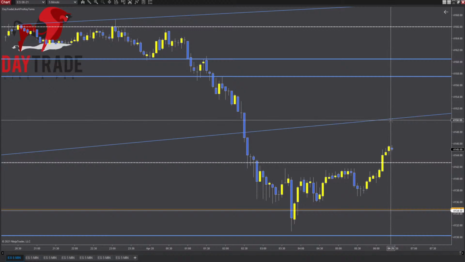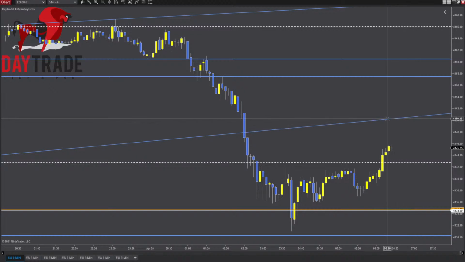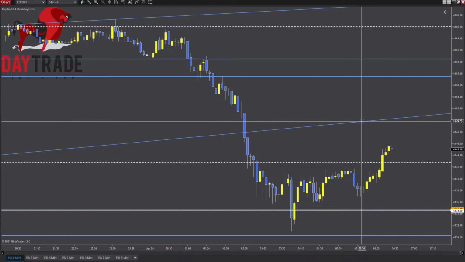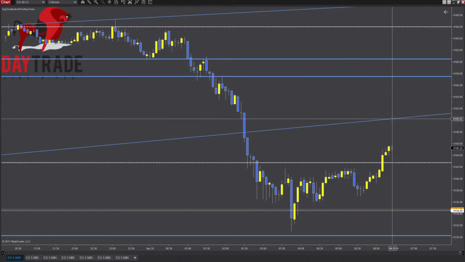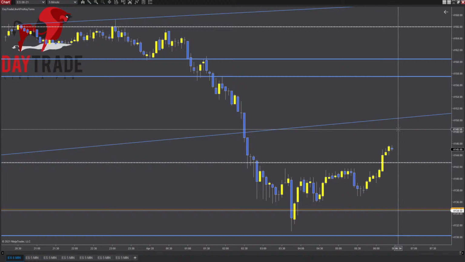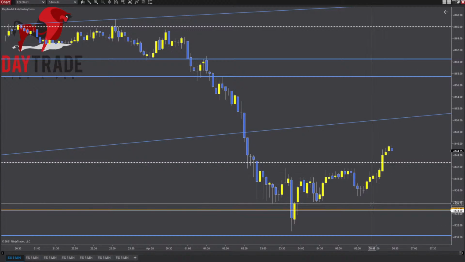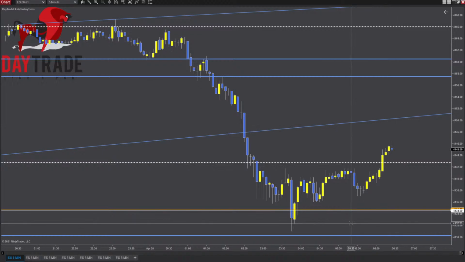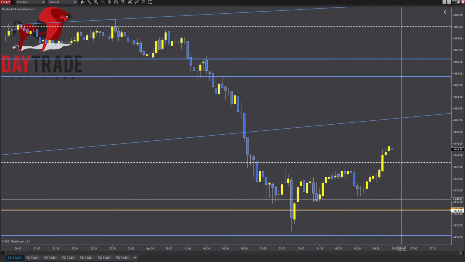Okay, so we're going to need to get up above this to start off with. So that 49 area to start off with. And then I am still looking for another leg down as long as we don't break out. So I'll talk about what that means. So anything up here I'm looking for basically is just a short opportunity.